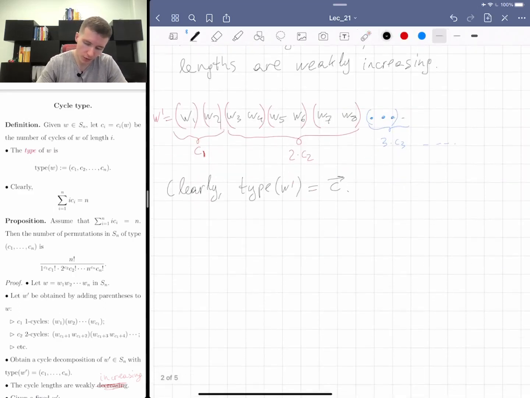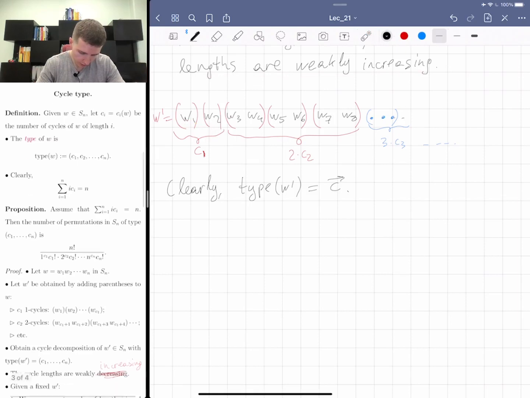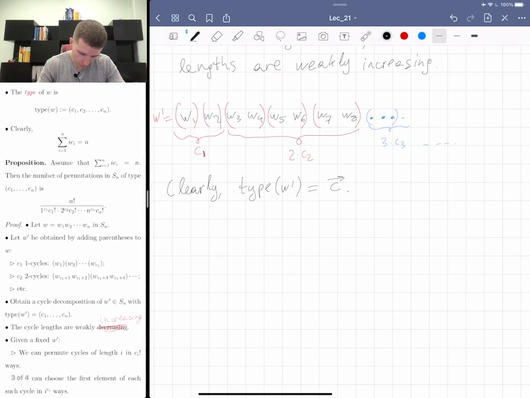They have to come before all the other cycles because the lengths are weakly increasing, but between themselves they can be permuted in an arbitrary way. So I need to divide by the following product.